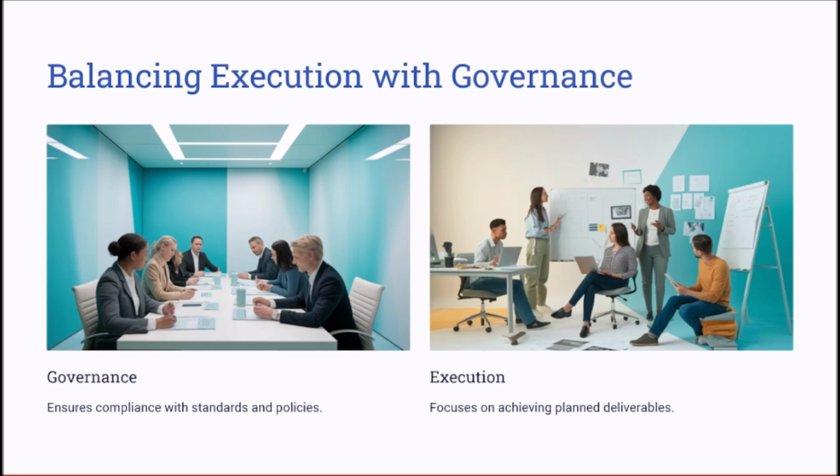So again, governance ensures compliance with the standards and policies, and execution focuses on achieving the planned deliverables. We talked about the importance of balancing both, which ensures smooth project progression.